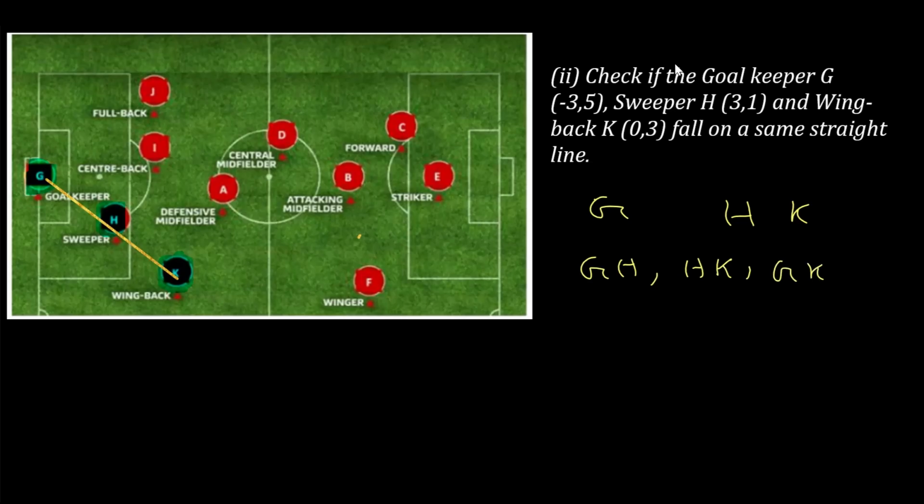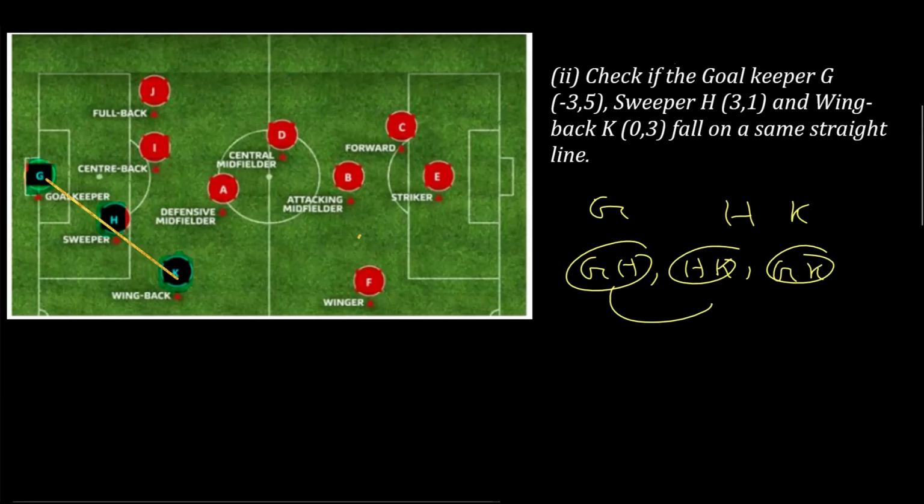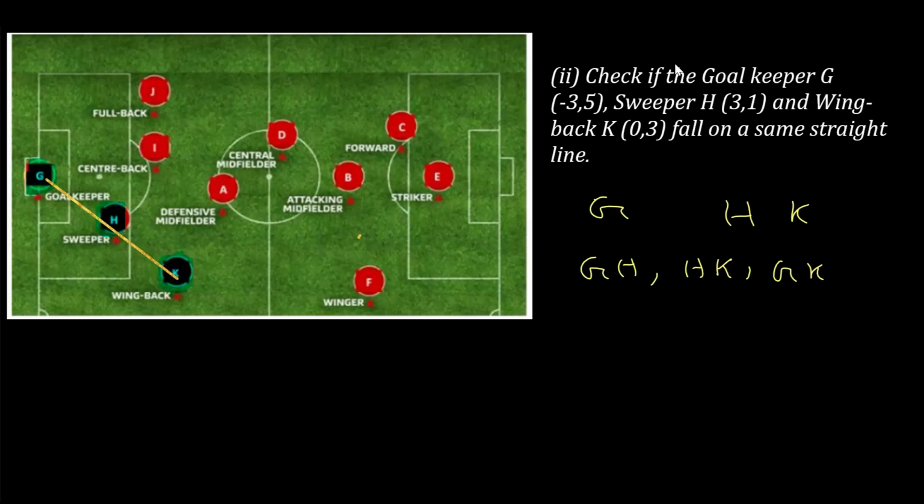Irrespective of the order, if the sum of any two is equal to the third, we say they lie on a straight line. One more time, we'll be finding the distances GH, HK, and GK using the distance formula, and if the sum of any two is equal to the third, we'll say that they lie on a straight line.